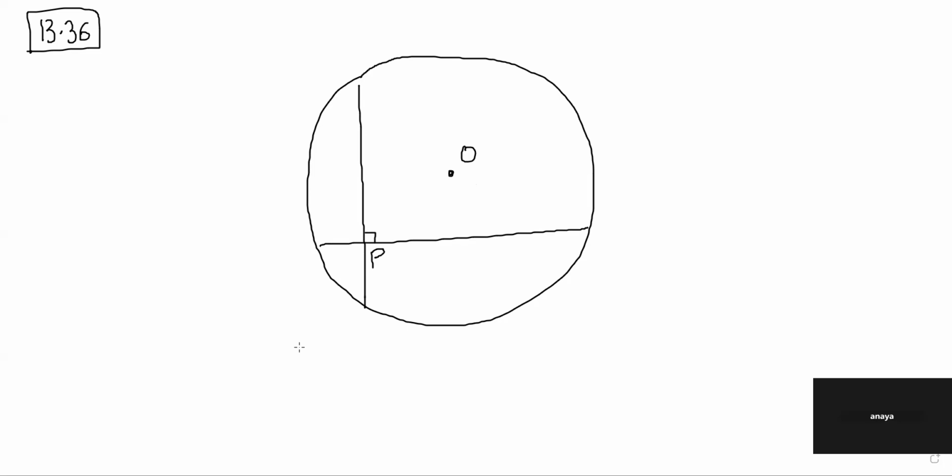AP is 3, CP is 2, and PD is 6. And you have to find OP and the radius of the circle.